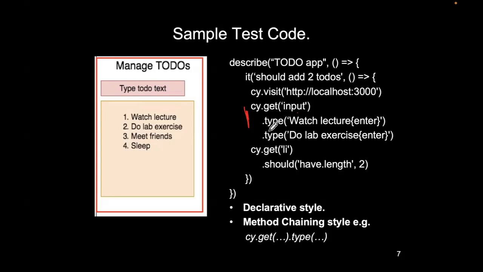And I'm actually chaining on another type method invocation, typing this and hitting enter. So this is one entire statement, and what it's doing is interacting with the browser page. In a sense, all that Cypress is, is a way of allowing us to programmatically interact with a browser page.